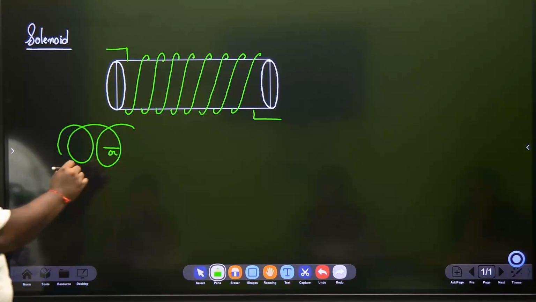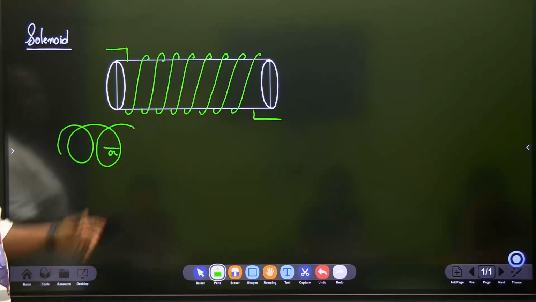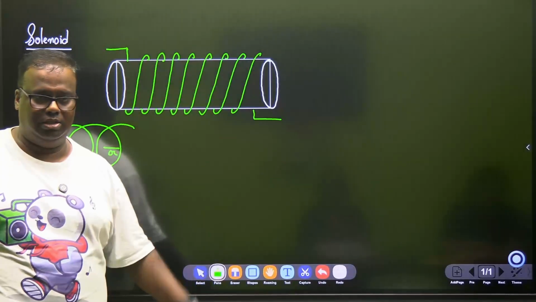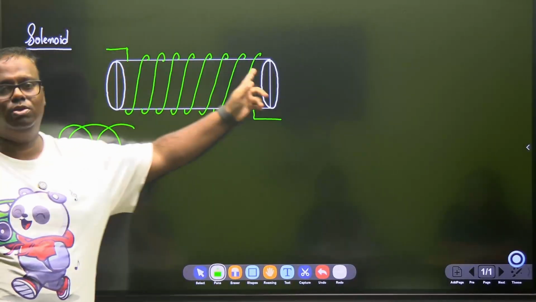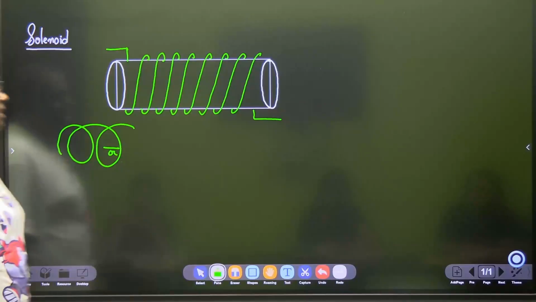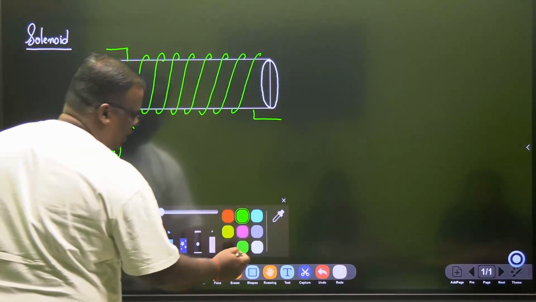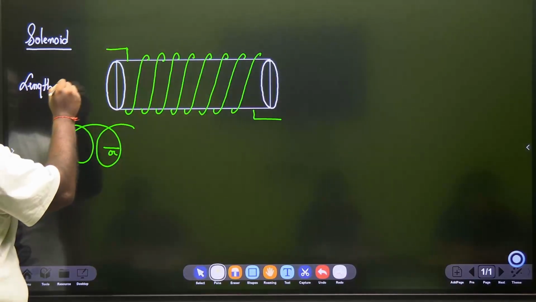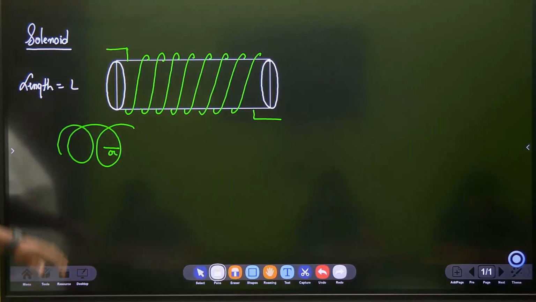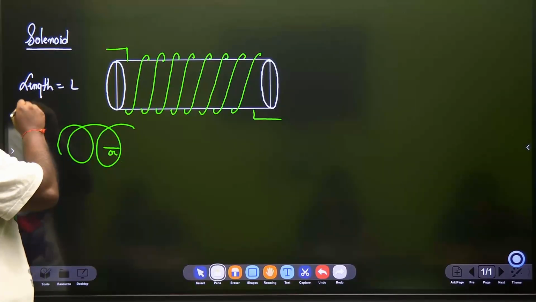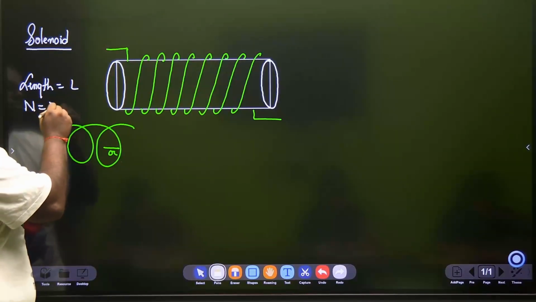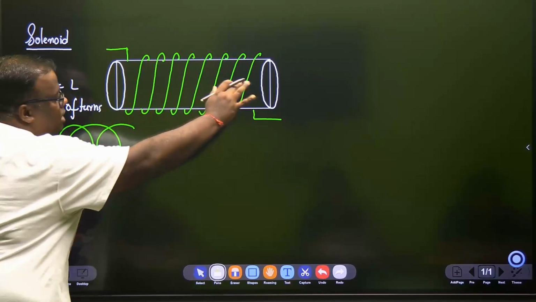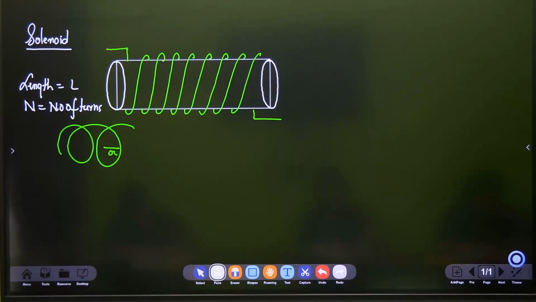In a solenoid, there are two things. We don't call it the length of the wire. We say the length of the solenoid. Have you understood? The length of the solenoid is from here to here. Let's say the length is L, and let's say N is the number of turns that you have put here.